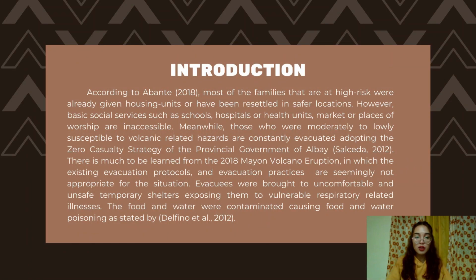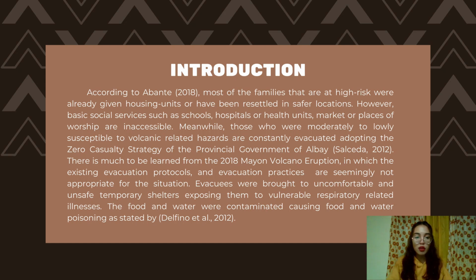According to Abante 2018, families at high risk for volcanic hazards have been given housing or relocated to safer locations, but basic social services such as schools and hospitals are not accessible in those areas. Those less susceptible to hazards are constantly evacuated using the zero casualty strategy, but farmers living in the 10-kilometer buffer zone around Mayon Volcano are difficult to relocate.